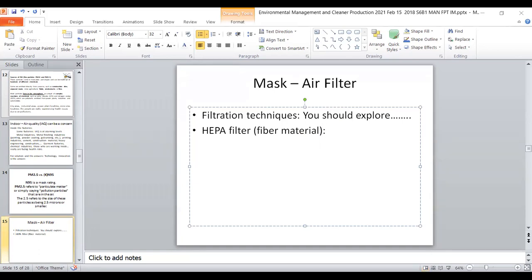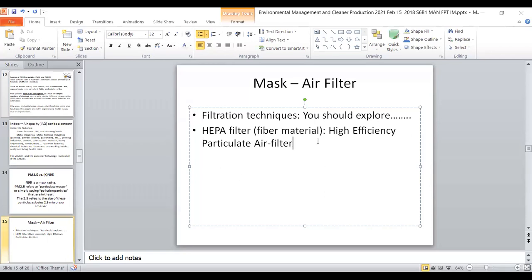HEPA means high efficiency particulate air filter. The M is dropped here from particulate matter. So HEPA: high efficiency particulate air filters.